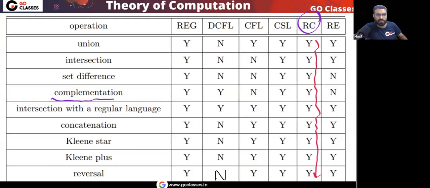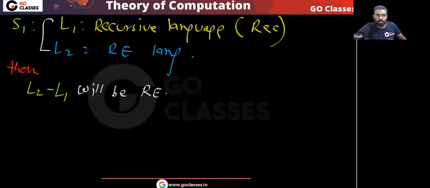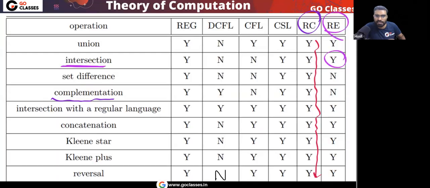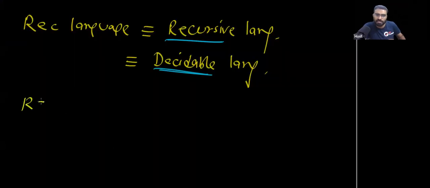You can easily notice that the set of recursively enumerable languages is closed under intersection. So RE intersection RE is RE. Is this clear?